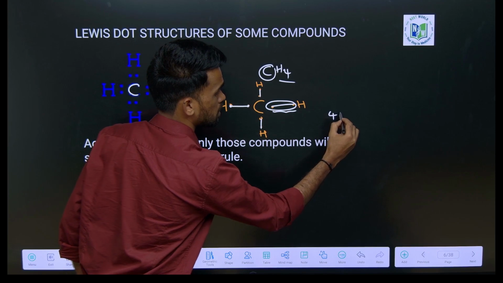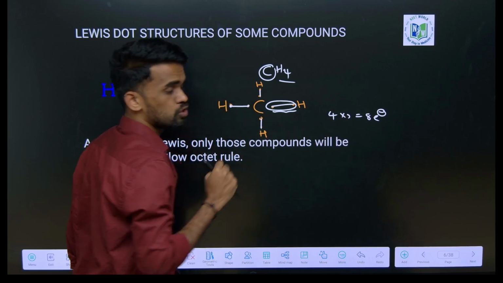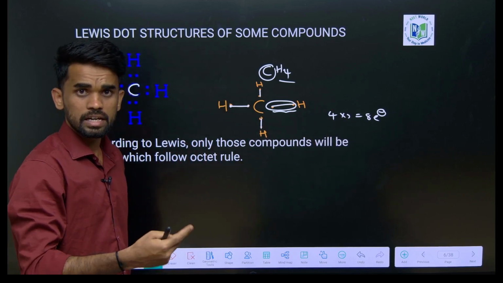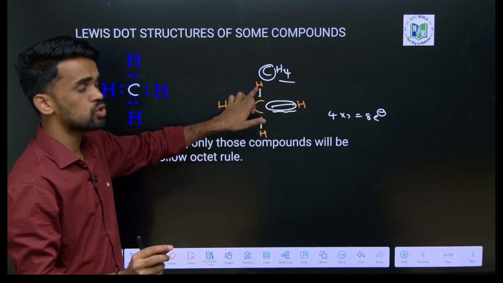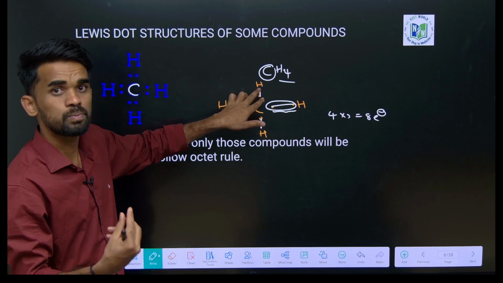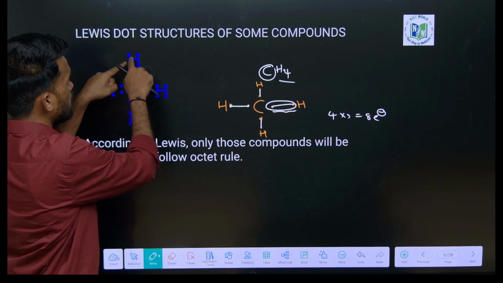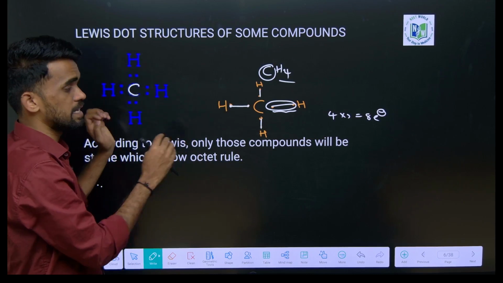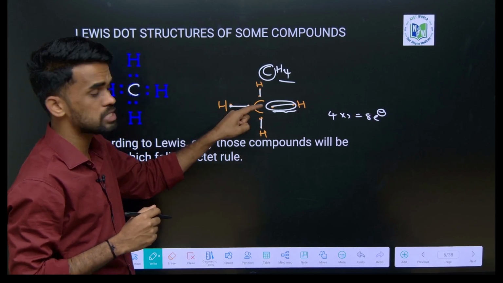So 4 pairs, that is 8 electrons. Now carbon attained its nearest noble gas configuration, that is neon gas configuration, and the carbon will be stable. Similarly hydrogen got 2 electrons, that is duplet configuration, helium gas configuration. Therefore carbon and hydrogen are stabilized here. I hope it is clear how to draw the Lewis dot structure.